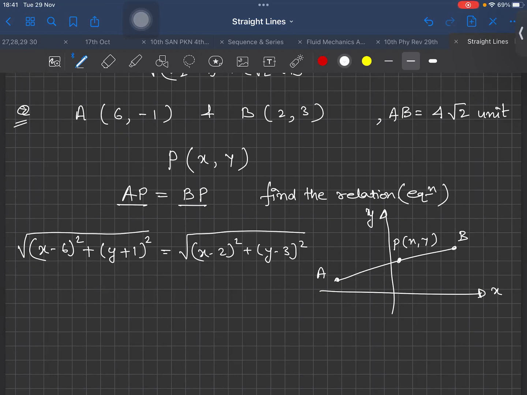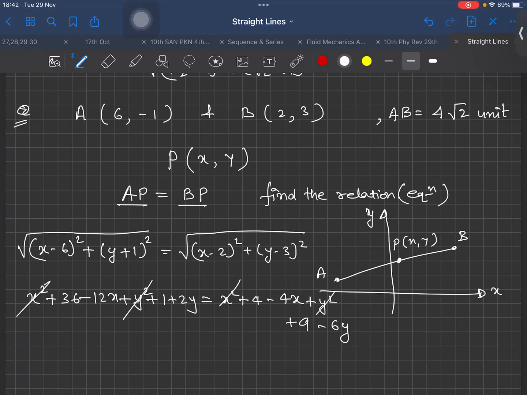Then just expand. x square plus 36 minus 12x plus y square plus 1 plus 2y should be equal to x square plus 4 minus 4x plus y square plus 9 minus 6y. So x square will get cancelled, y square you can cancel. So this will become x minus y is equal to 3. So that is the relation we needed to find out. Got it?